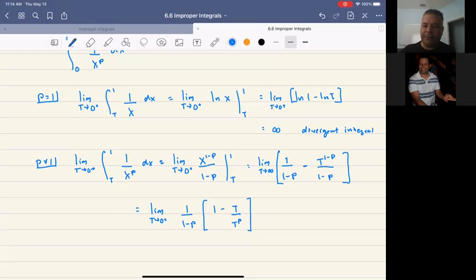Remember, we've got the p bigger than 1, p less than 1 dichotomy. Okay, so if p is bigger than 1, now remember, t is going to 0. So as you go to 0, think about taking small numbers and squaring them.